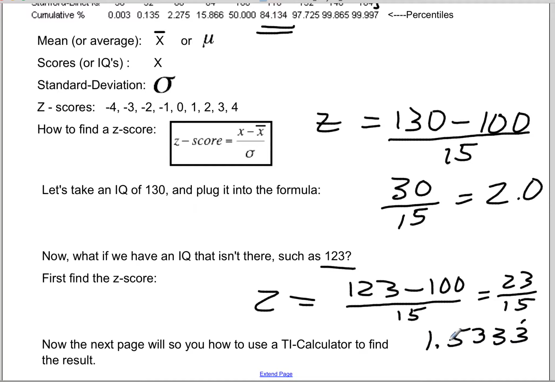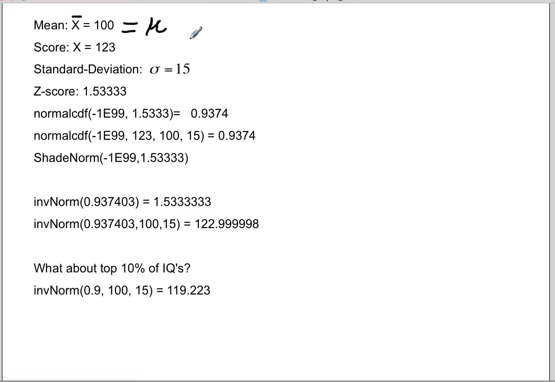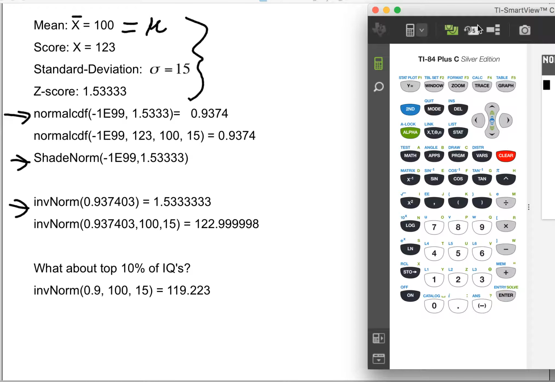Now we could look up on some tables, but we're going to use a TI calculator to find out what that actually tells us. So let's bring in our calculator, and we're going to use this data here and these 3 commands in order to analyze it. So here's our calculator.